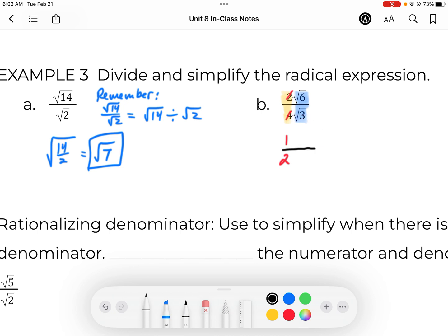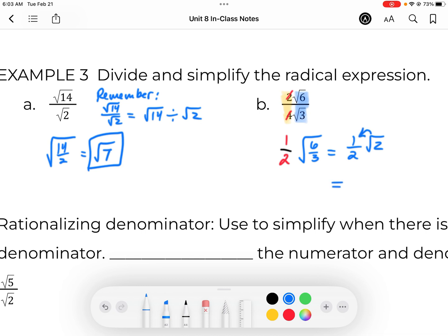But my radical terms now, I can think of as just the square root of 6 divided by 3. 6 divided by 3 is just 2. So I have my 1/2 here, but then I also have my root 2. Now that 2 is no longer a fraction. 6 divided by 3 is just 2. That's no longer a fraction, so that number will always go on the top of this fraction.